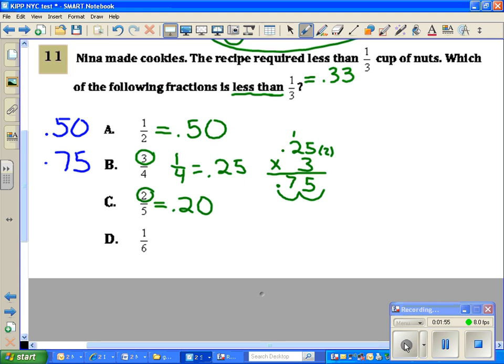Again, my numerator is not just 1, so I need to multiply 20 cents 2 times. I'm just going to do the work on the side. 20 cents times 2. If I have 20 cents 2 times, I have 40 cents. So I'm going to put 40 cents next to choice C.